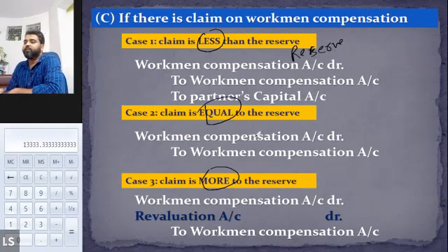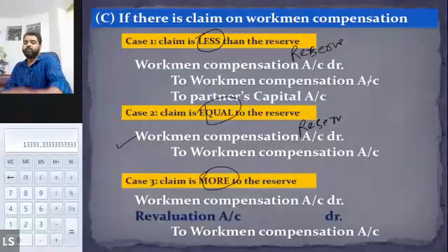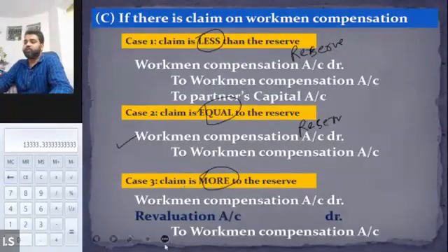Then if the claim is equal to the reserve, then this entry will be done: workman compensation reserve account debit to workman compensation account. Anyways, let me write all the general entries for you.